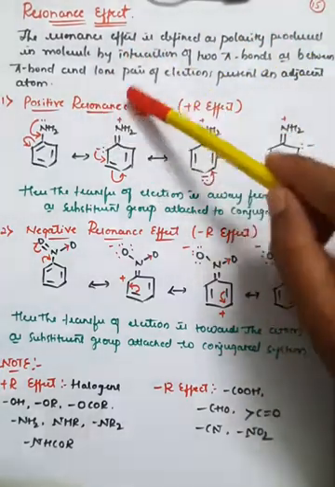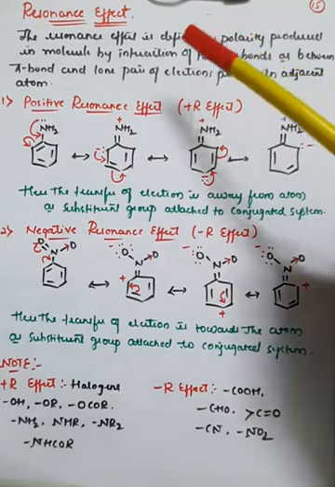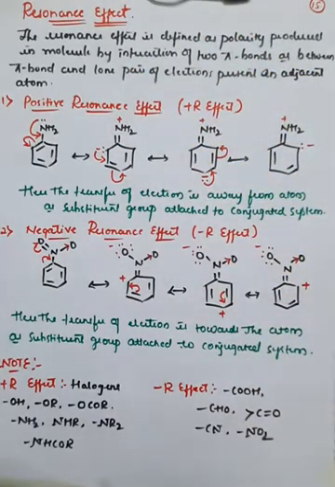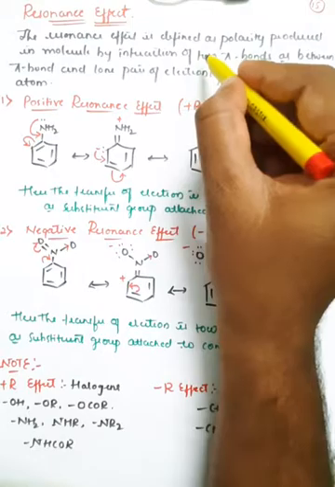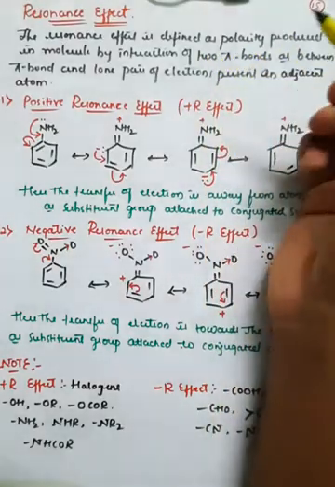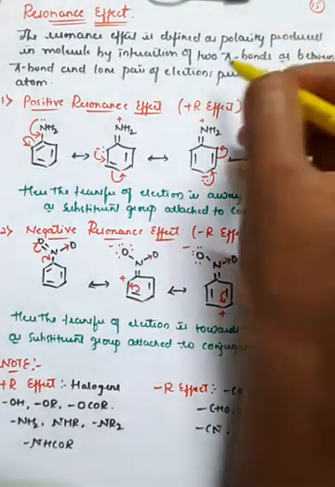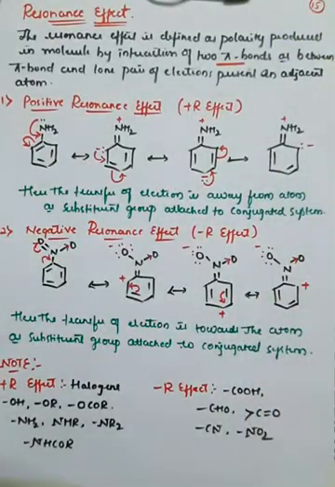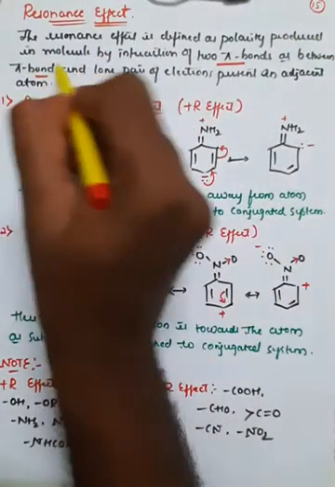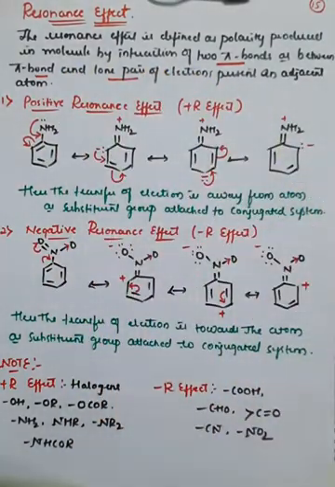Lone pair of electrons means electrons which are not involved in the bonding. So the effect can be caused by the interaction between two pi bonds, or one pi bond and one lone pair of electrons. That type of effect is called a resonance effect.